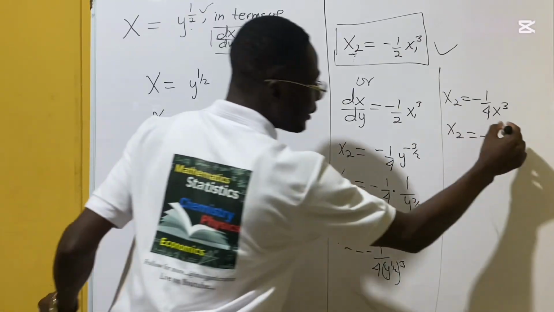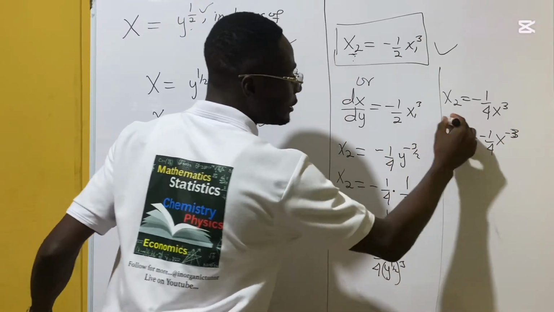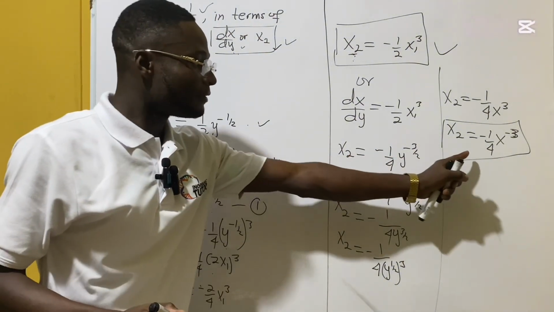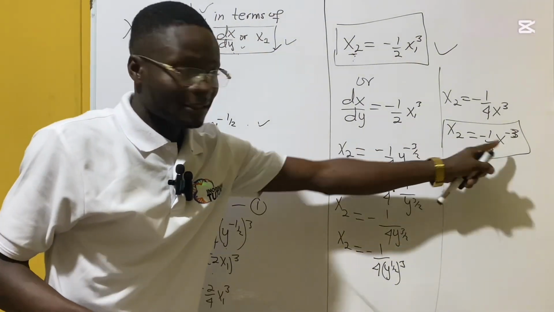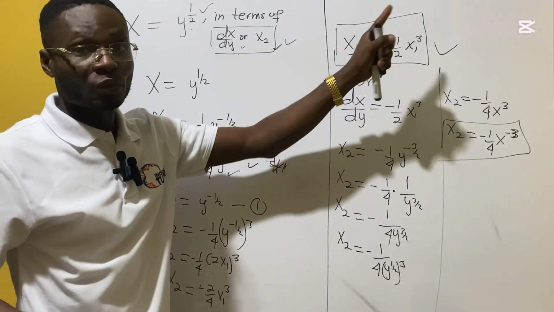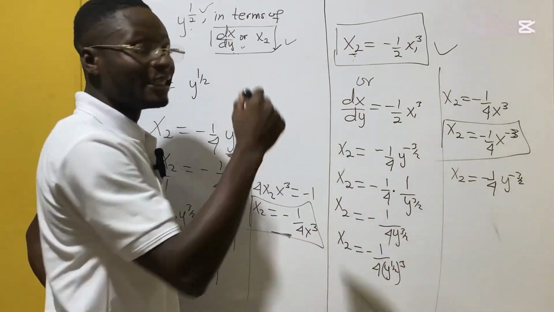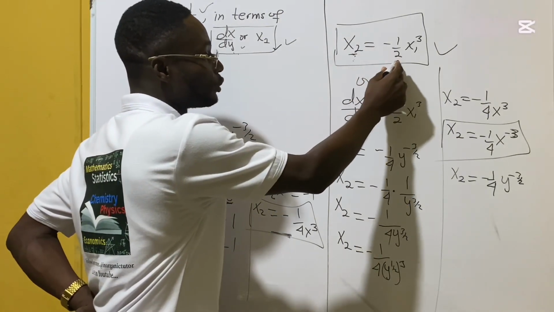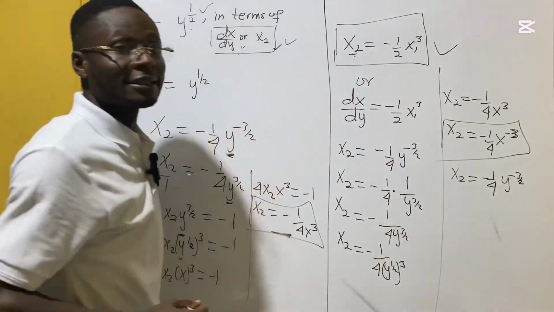So this is another option. This is another way we can express the second derivative in terms of x. So this is in terms of x and this is in terms of x1. x2 in terms of x1. So we have x2 equals negative 2 x1 power 3.